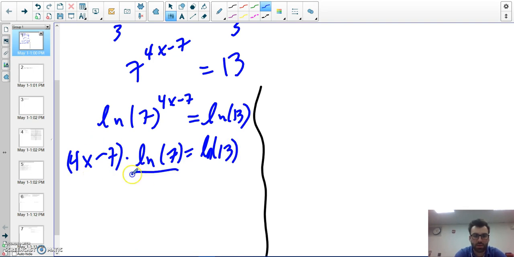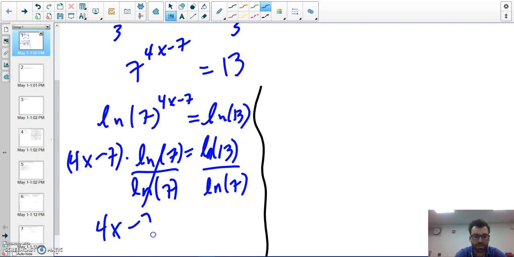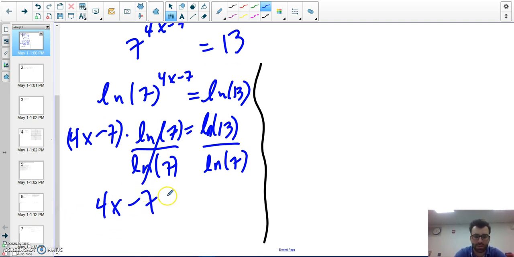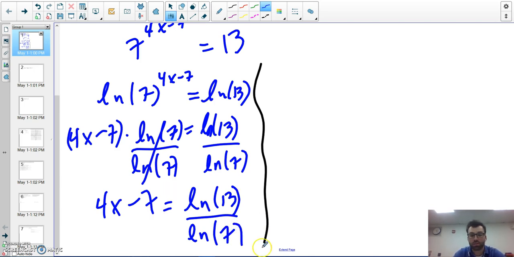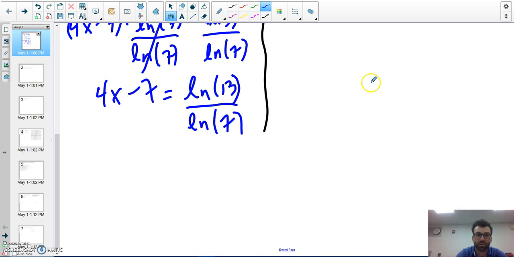To isolate my term with x, divide both sides by the natural log of 7. So 4x minus 7 equals ln of 13 over ln of 7, and I'm going to leave this in exact form because I don't have my calculator with me. I'll show my answer in exact form and decimal form. Now I want to isolate my x, so I'm going to add 7.